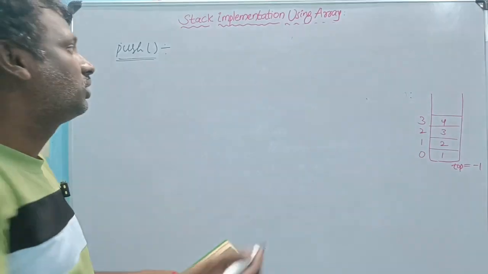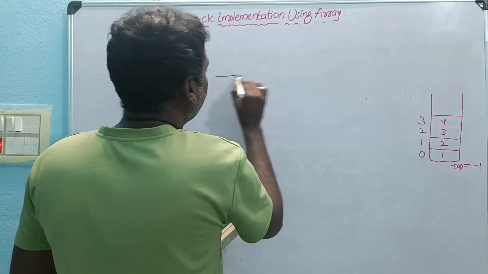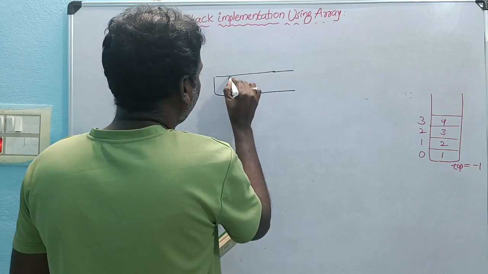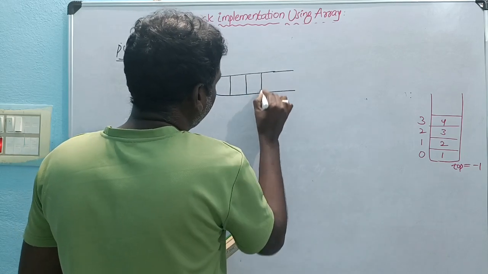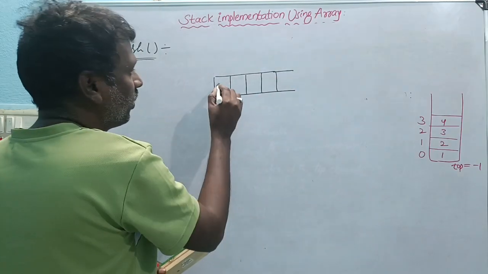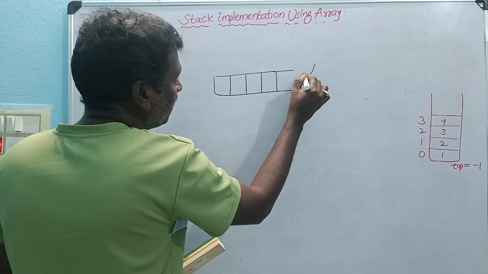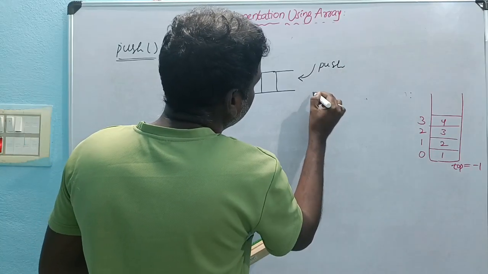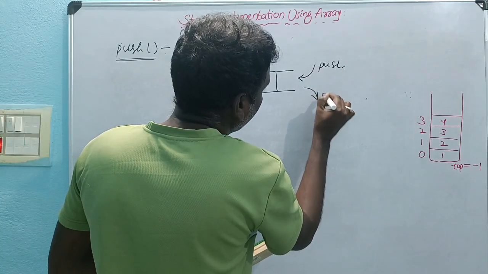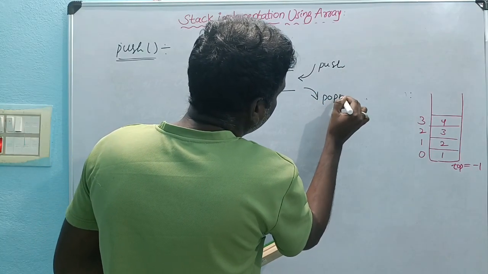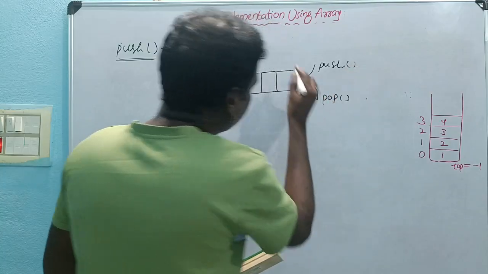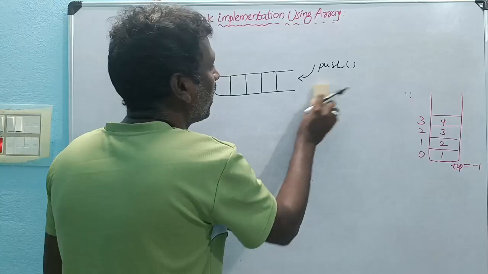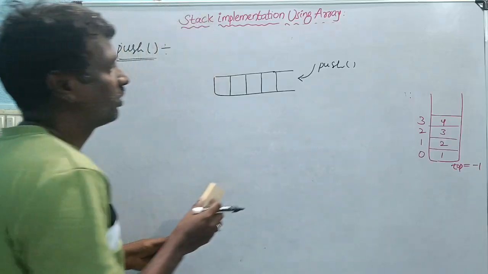So I represent the array based stack. This is my array based stack. Here push happens, and here pop. Now I draw only the push operation.